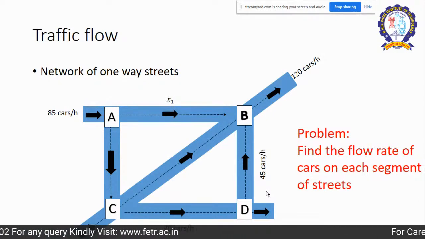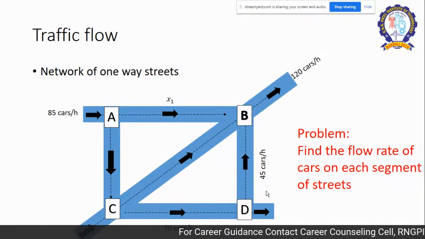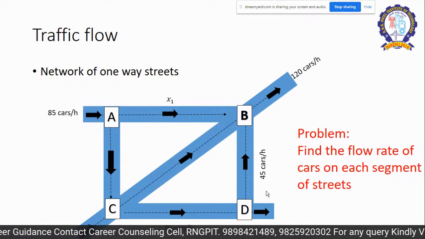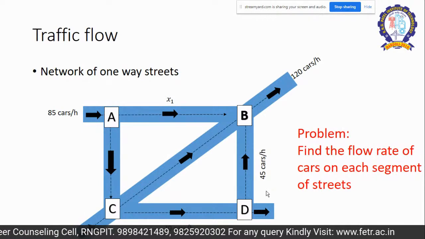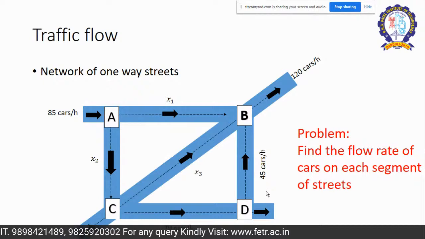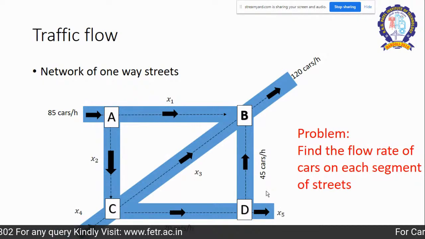Our target is to find how many cars per hour pass through the rest of the paths. Wherever we do not have any information, we consider a variable: x1, x2, x3, x4, and x5.